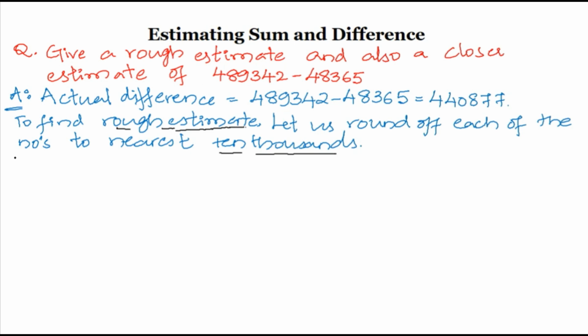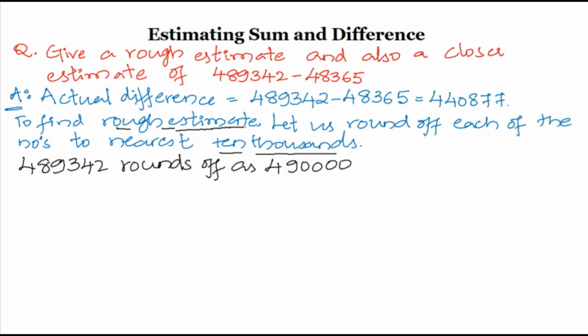Now, when you round off 4,89,342, it rounds off as 4,90,000, whereas 48,365 rounds off as 50,000.